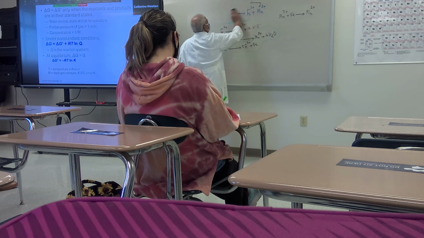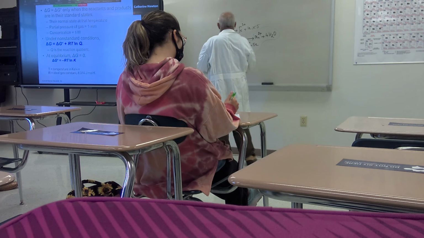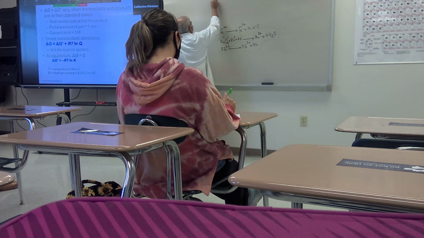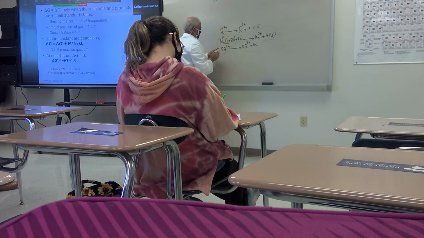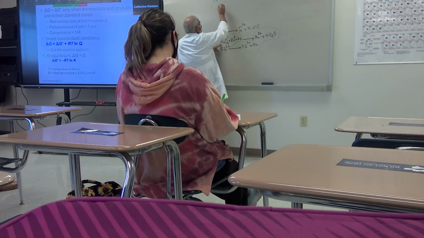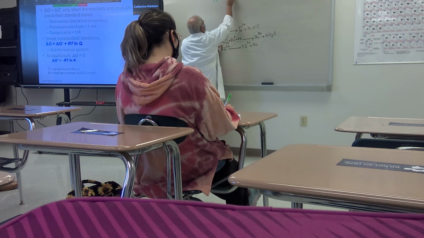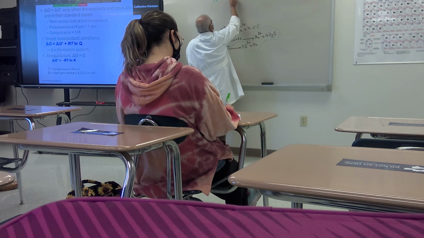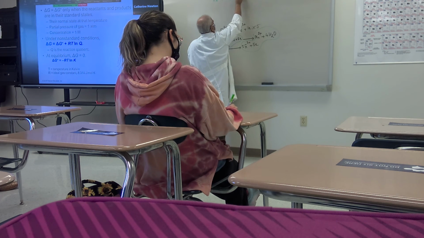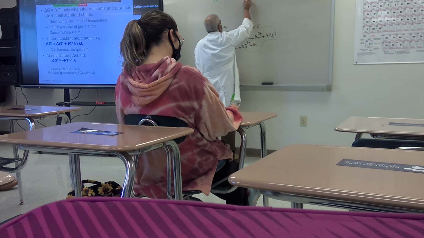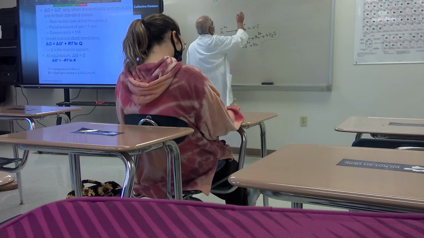When you add that, what is the final equation going to be? 5Fe2 plus, correct? And then you have what? MnO4 minus plus what? 8H plus what? 5 electrons.